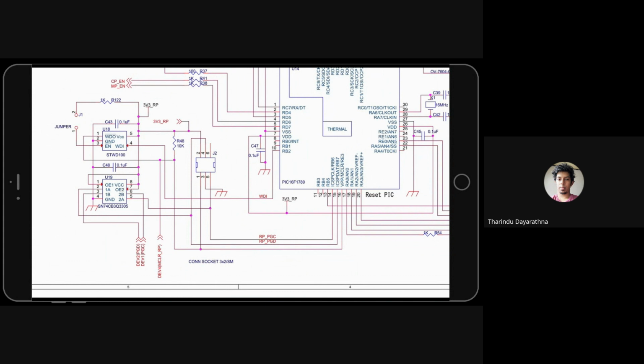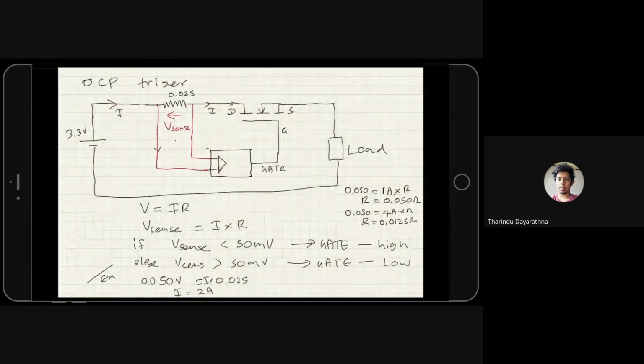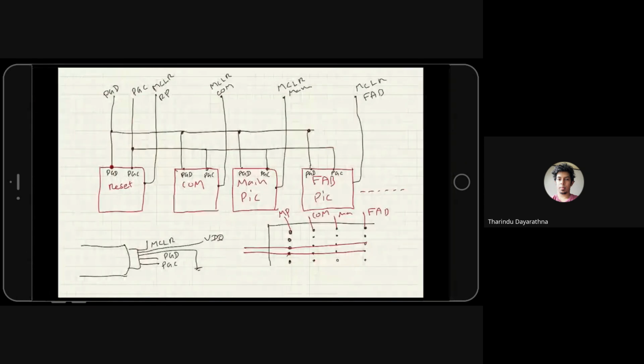There is something else here. This one is a bi-directional kind of buffer. It is used for the PGC and PGD. In the notes, I told you before how to program four different PICs using a small number of lines. Before connecting here, this chip will be there.